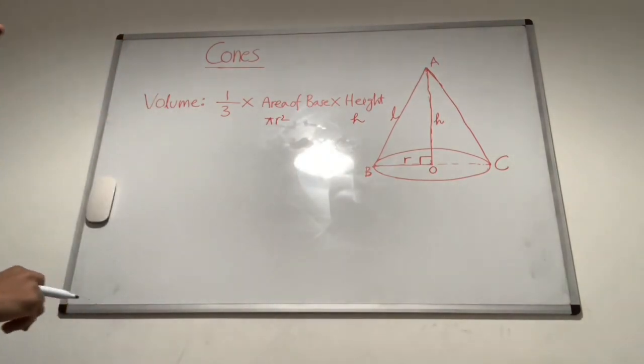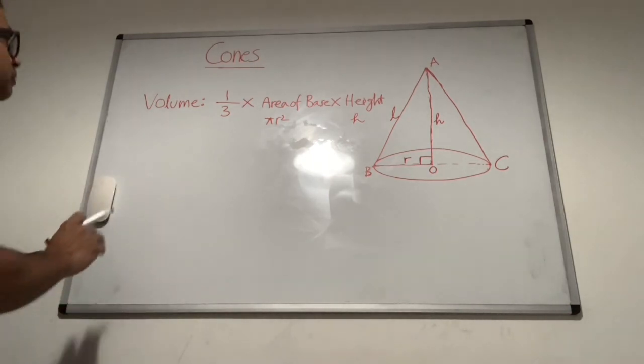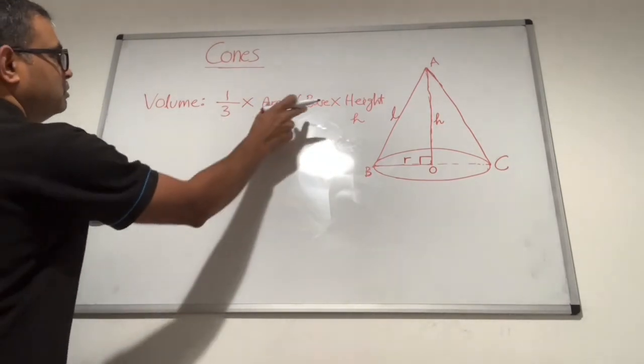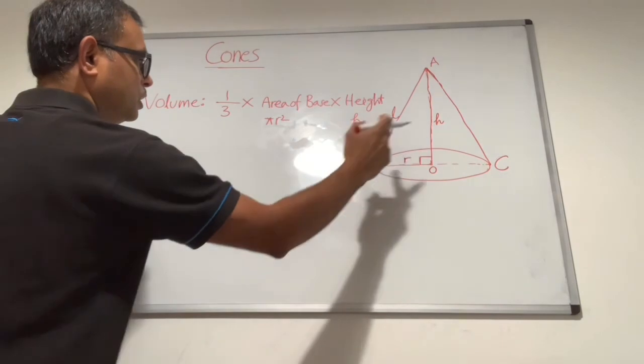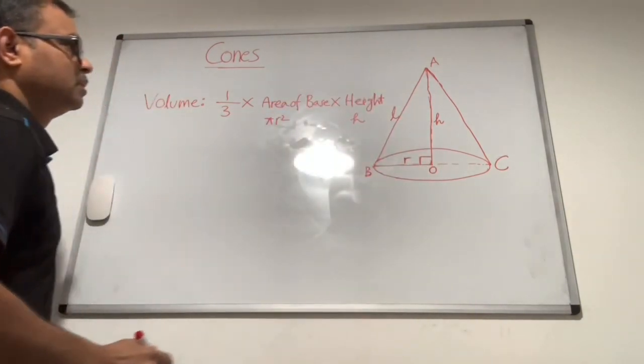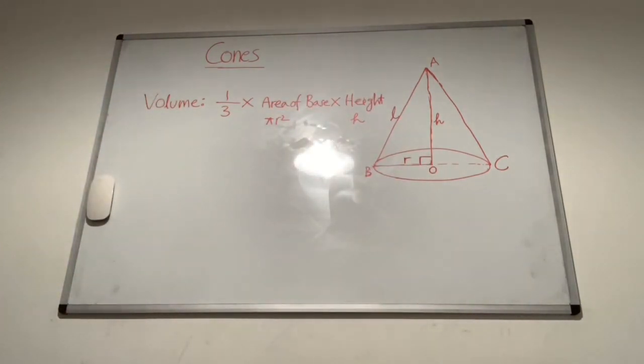I'm not explaining here where it came from, but you remember volume is 1 by 3rd of the area of the base into height, and the area of the base is pi r square, and height is the height h of that cone.